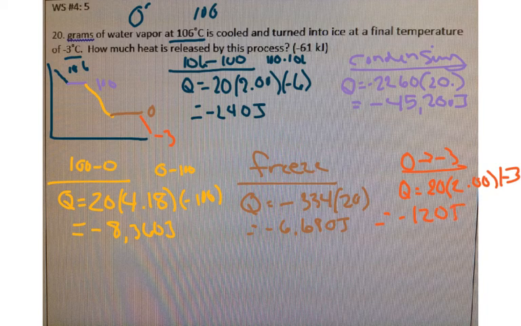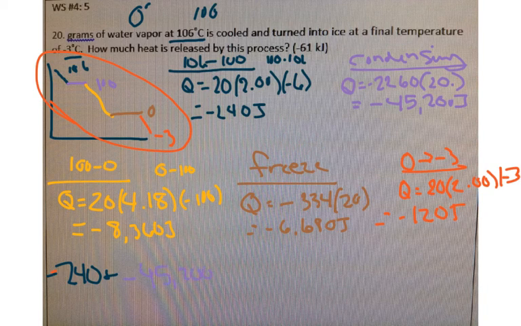But the whole energy that was released during this process is all of them added up. So I'm going to have negative 240, and I'm going to add my one from condensing, negative 45,200.